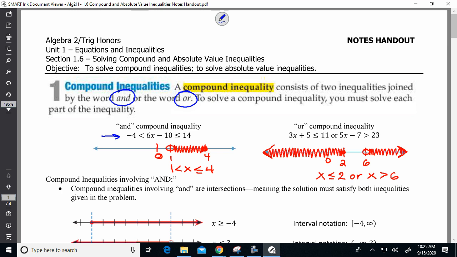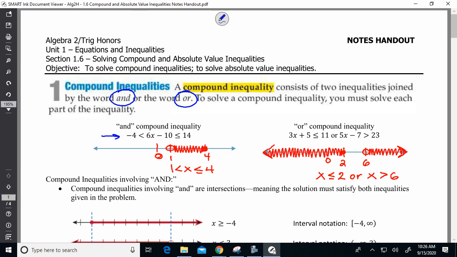As far as the graph goes, all the shading is in between the two answers that you get. So compound inequalities means that you should have two parts to the answer, two numbers for your answer. So this is how a problem would be set up. This is how a graph would look. This is how the algebraic answer of it would look. Interval notation we'll take care of in a second.